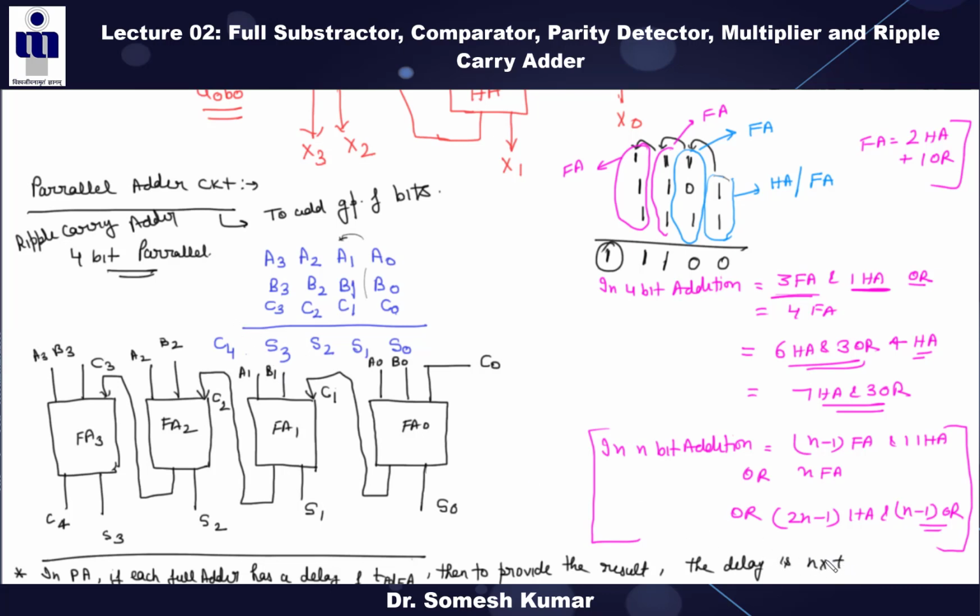Here it is 4, but I am generalizing this statement, so n into TPD full adder.